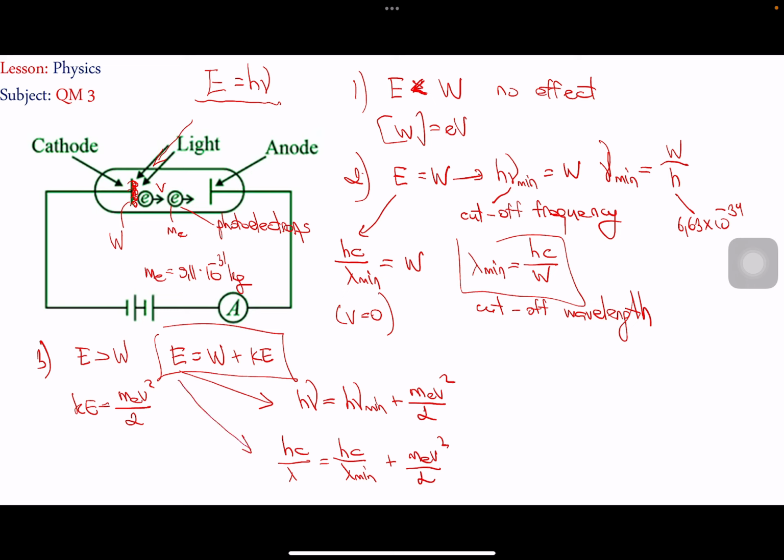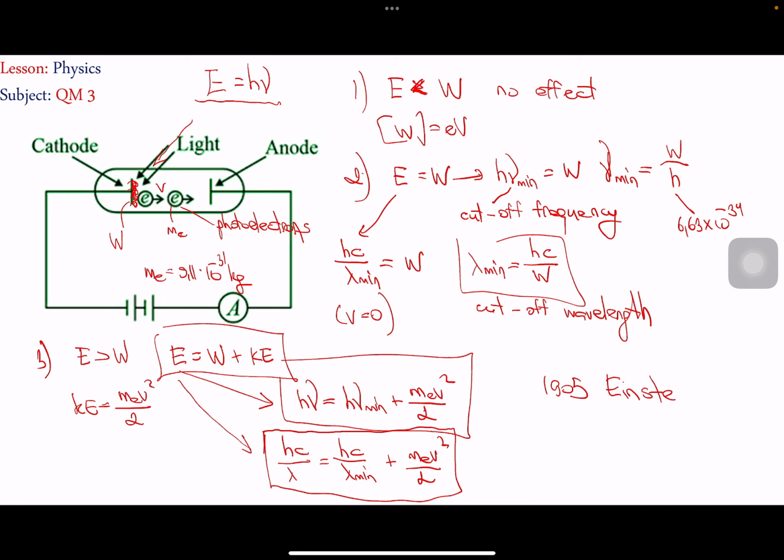One is written in terms of frequency, and here I have rewritten it in terms of lambda. So these all describe the photoelectric effect that was derived by Albert Einstein in 1905, and for that work he got the Nobel Prize.